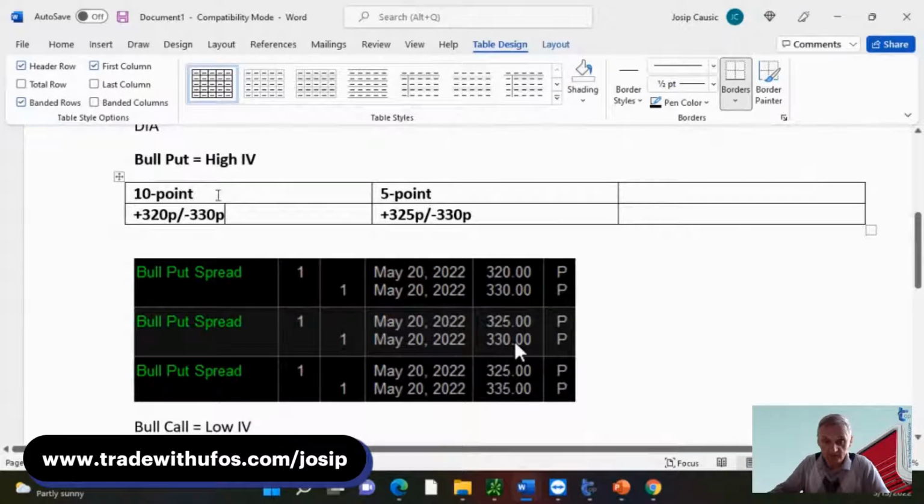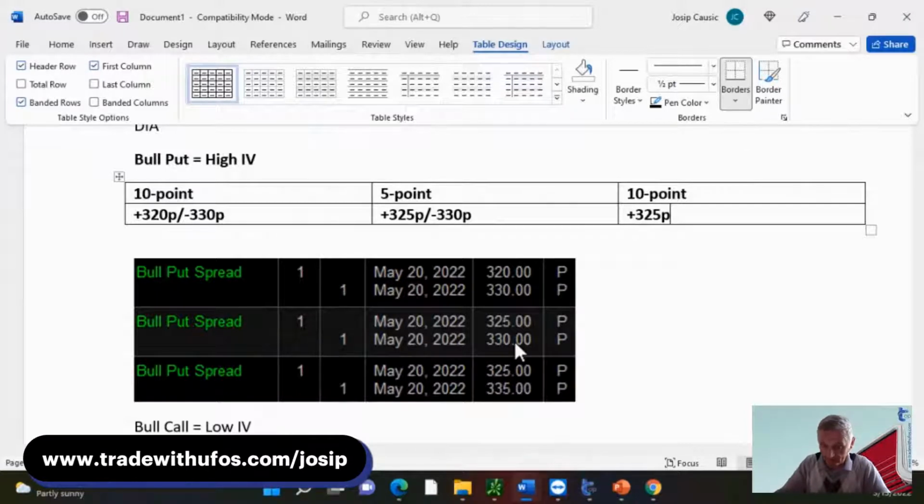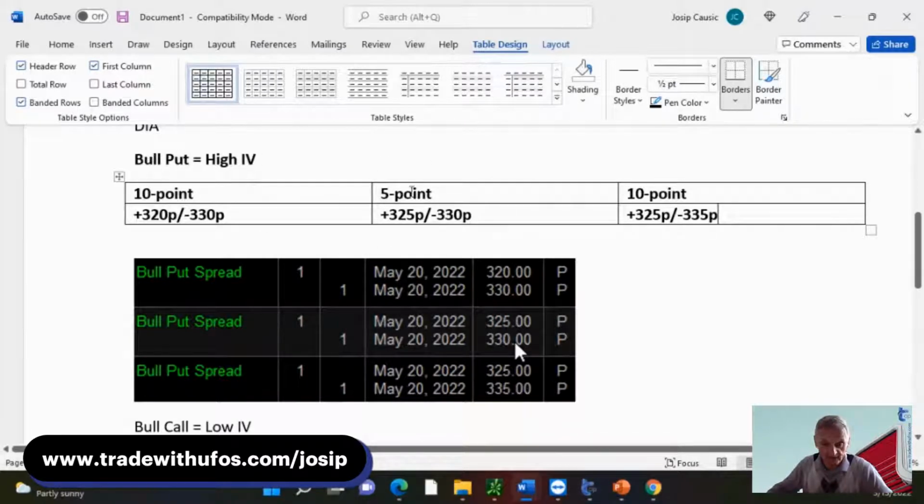And this one is also 10 points wide. So this third choice is also 10 points wide. On this one, I need to have something before I can sell the put at 335. Be aware that two are like each other, but one is a little bit tighter.